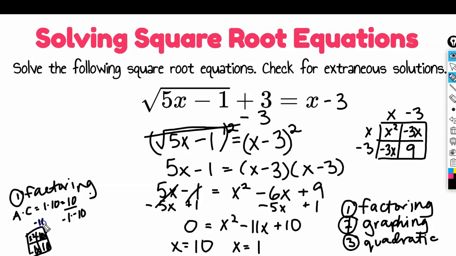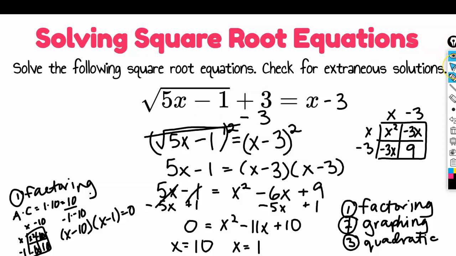This would be negative 10, this would be x, this would be x, this would be negative 1. That would just give me x minus 10 and x minus 1 equals 0. And then I could see that x would either be 10 or x would be 1.